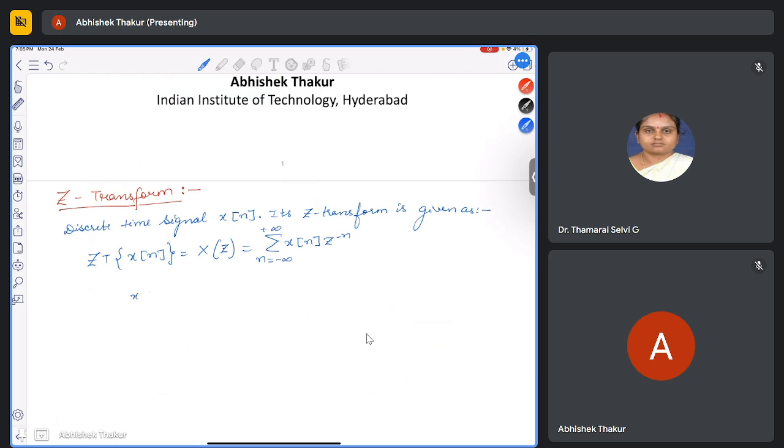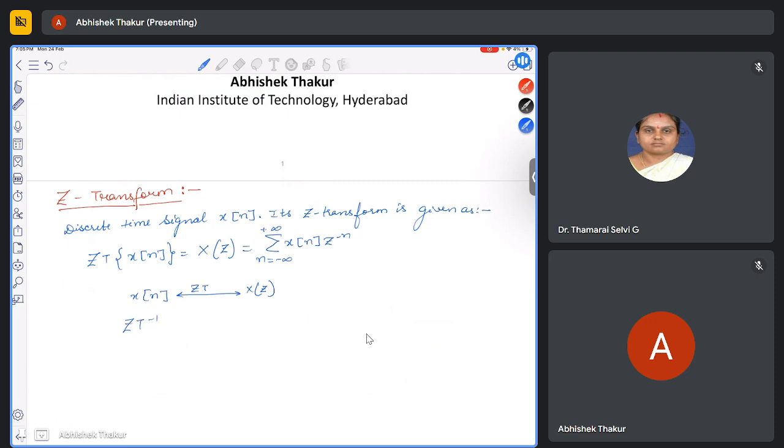So we can write the Z transform pair as: the Z transform of x[n] is X of z, and the inverse Z transform of X of z is x[n].